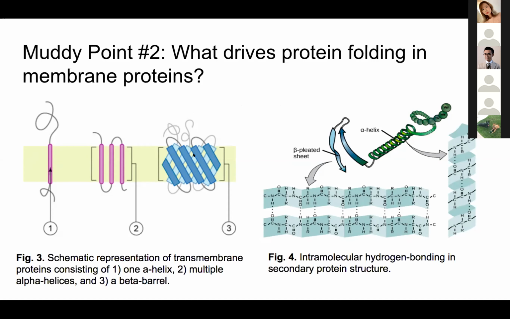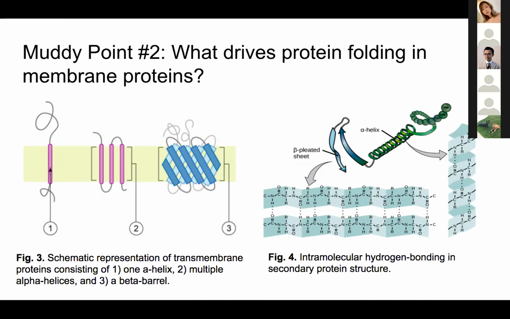And going back to the beta barrel and hydrogen bonding, which I think someone mentioned in the chat, the reason why we need beta barrels to form in the lipid bilayer is that, if you imagine the sheets are flat, you have intramolecular hydrogen bonding between the sheets inside, but at the edges, your backbone is still exposed.